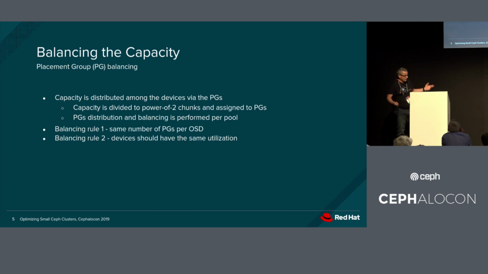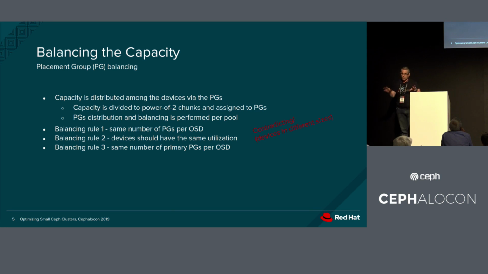And when the devices are not the same size, we get a nice effect that these rules are contradicting. So we need to think about what we do if we take systems such as Ceph and put devices with different sizes. It has performance impacts. The third rule is that we want the same number of primary PGs per OSD.